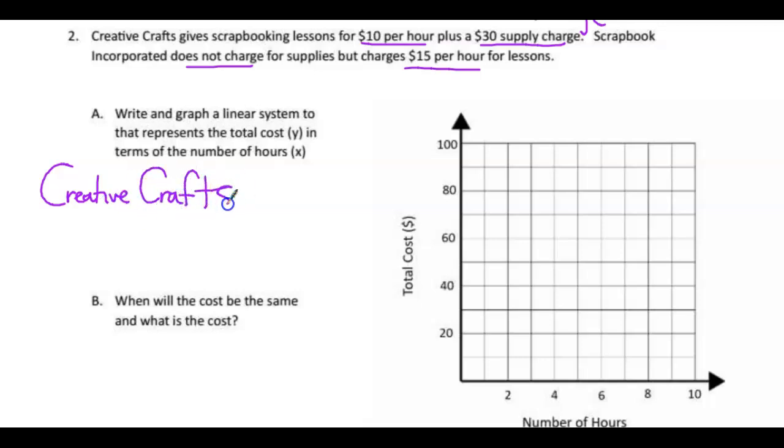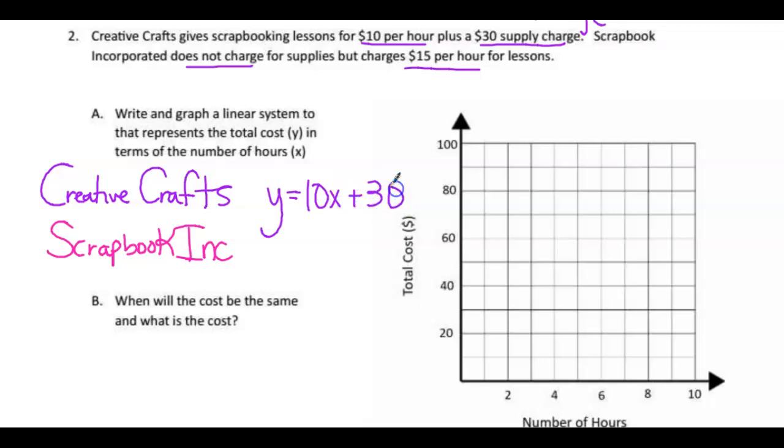We need one for Creative Crafts. We need an equation for Scrapbook Incorporated. So for Creative Crafts, you should have y equals 10x plus 30. For Scrapbook Inc., you should have y equals 15x.